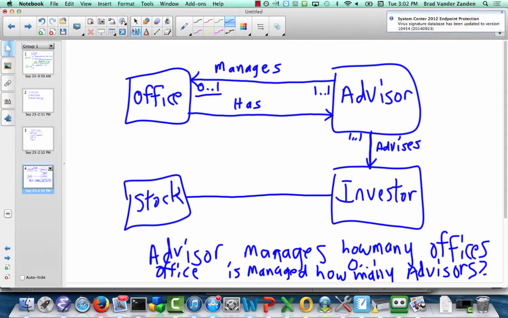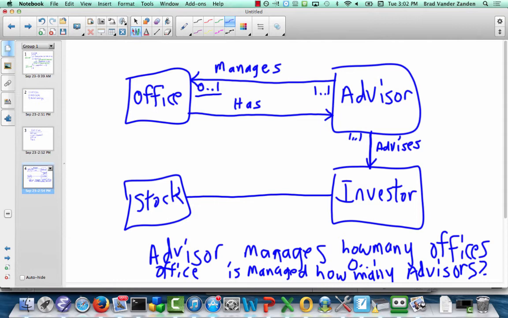Now at this point, I know that I'm pushing the arrow toward investor. You might not have a good idea yet of why the arrow should go that way, but you'll see in a moment why. Okay, so it might be in constructing the diagram that you're, as of yet, not really sure which way the arrow goes.